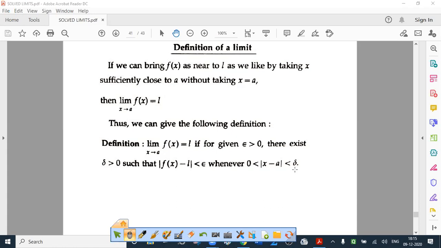Now you will ask, sir, we have understood delta, but what is this epsilon? Epsilon is again a very small positive number. This modulus value is obviously non-negative, right? And it is smaller, it is less than epsilon, where epsilon is greater than 0.